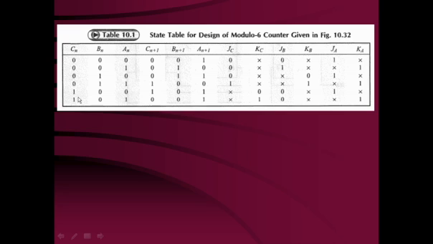So this is the lower row, this is the upper row for Cn. Cn is equal to 0, Bn and An are going to be 0, 0, 0, 1, 1, 1 and 1, 0. Corresponding to that, what is the requirement of JC? 0, 0, 0, then 1, x, x, these are the requirements. So this can be substituted in the 6 positions of the Carnot map.